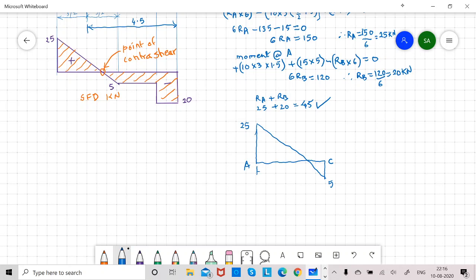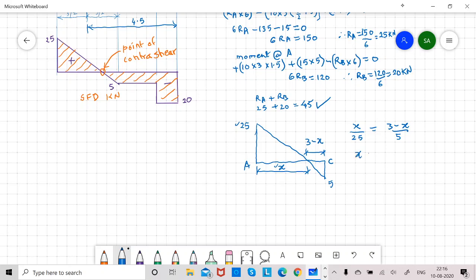I am assuming this as x. The total distance between A and C is 3 meter, so this distance is 3 minus x. So using the similar triangle principle, x upon 25 must be equal to 3 minus x upon 5.